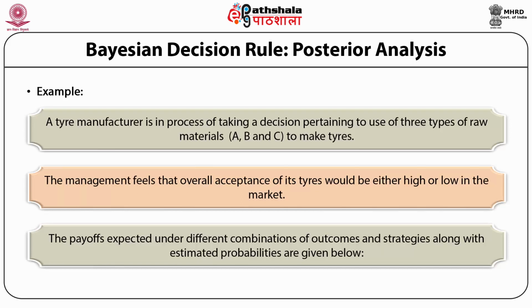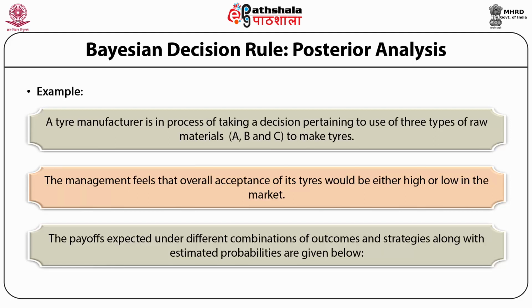According to this, the optimal strategy is selected on the basis of the expected payoff criterion, while the expected payoffs are calculated using posterior probabilities. Prior probabilities from past data are revised using the additional information obtained from marketing research or sample testing. Use of posterior probabilities facilitates better decision making.